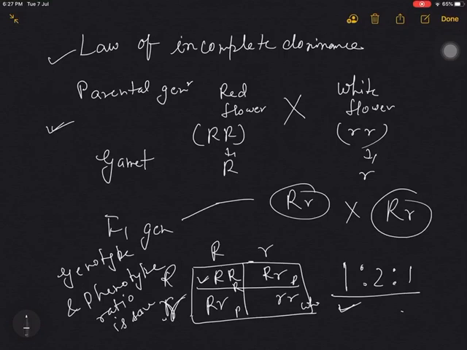This is a very important question for the CBSE exam. And in another way it is also known as incomplete dominance. Sometimes the question is simply given as: explain the law of incomplete dominance by giving a suitable example by making a checkerboard.